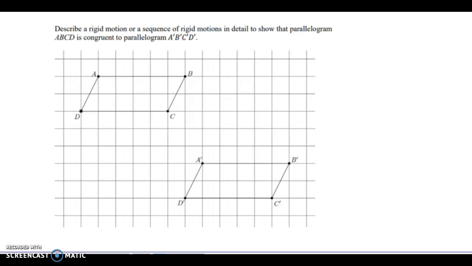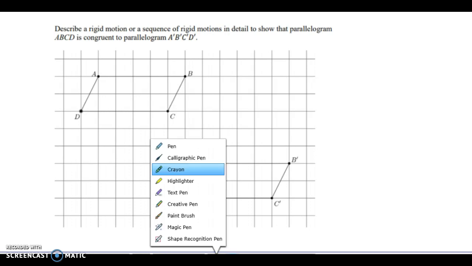Alright, so as you can see, we have two images on this coordinate plane. There's two quadrilaterals. The first one is ABCD. The way you can tell is we call this prime notation.